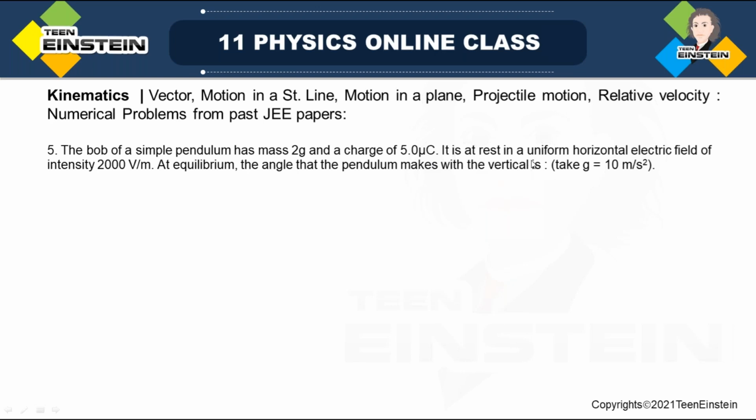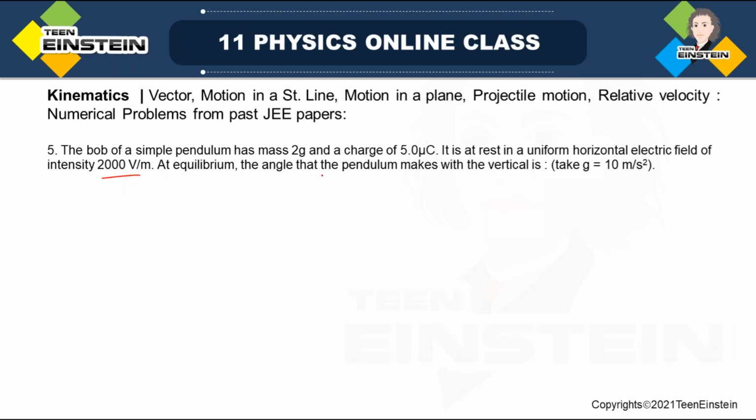It is at rest in a uniform horizontal electric field of intensity 2000 volt per meter. That means this is the electric field, 2000 volt per meter.